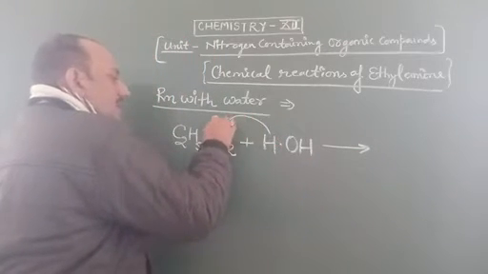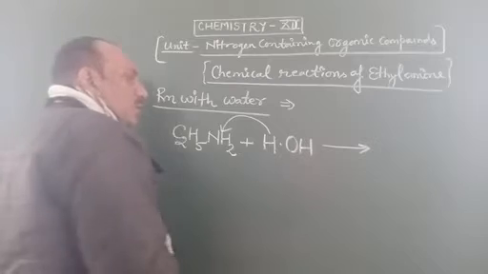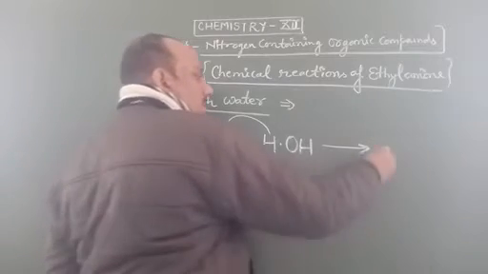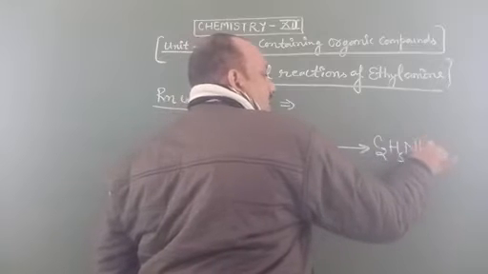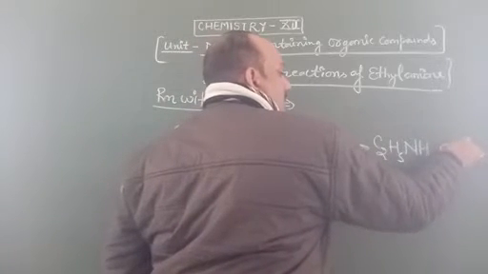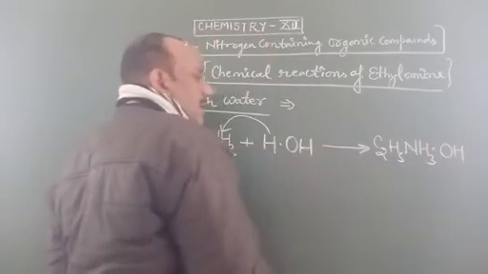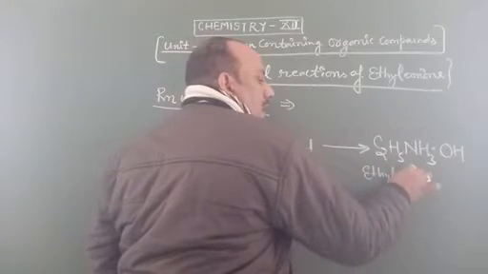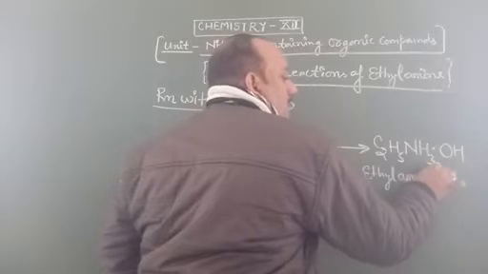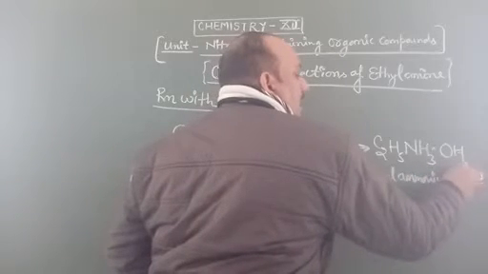This hydrogen is consumed by the NH2 group to form ammonium, C2H5NH3OH. This product is known as ethyl ammonium hydroxide.